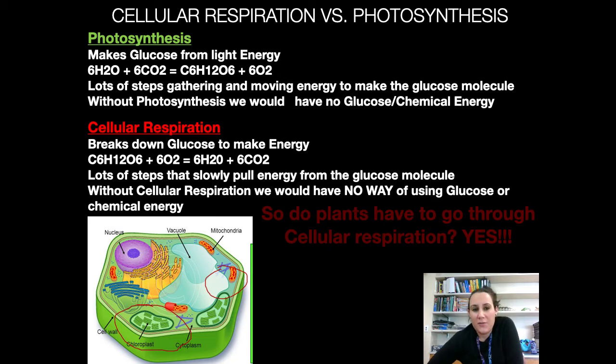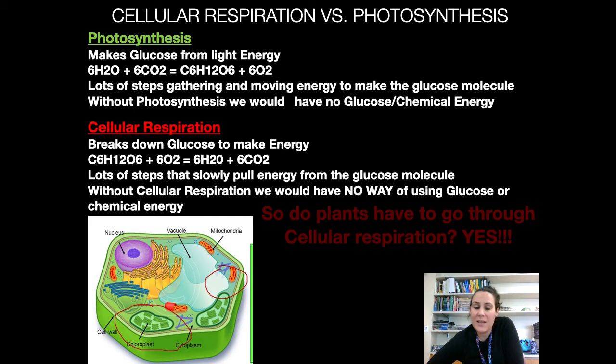You could say overall that photosynthesis is lots of cellular steps gathering and moving energy to make the glucose molecule. Without photosynthesis, we would have no glucose, no chemical energy, and no oxygen. Cellular respiration, on the other hand, breaks down glucose to make energy. So it takes glucose and oxygen and makes H2O, CO2, and what we're missing there is energy, which is ATP, and heat.